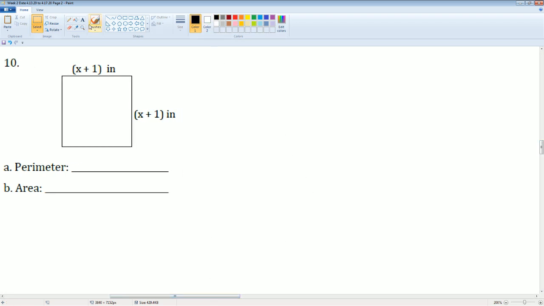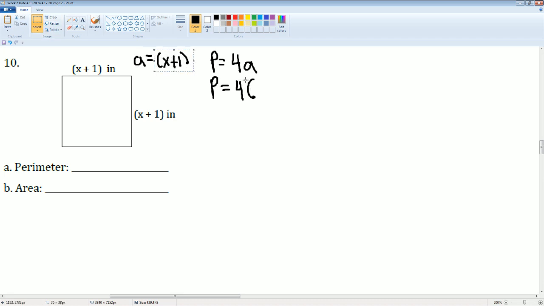The perimeter is given by 4 times A. What is A in this case? A is just the side. It's just X plus 1. So the perimeter is equal to 4 parentheses because, again, you're making that substitution, right? So do you see A? A is going to get replaced by this.